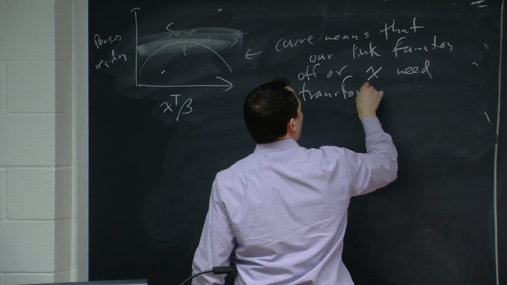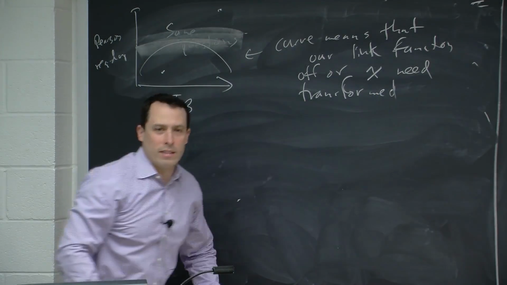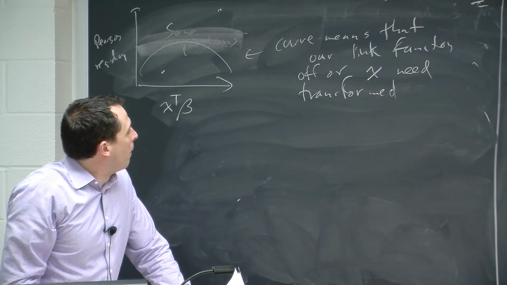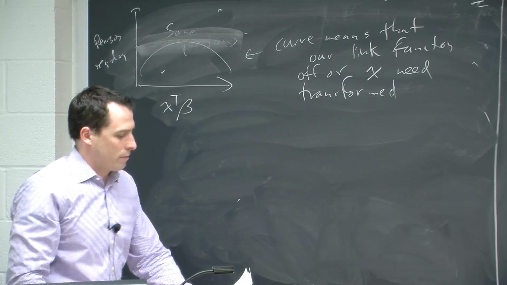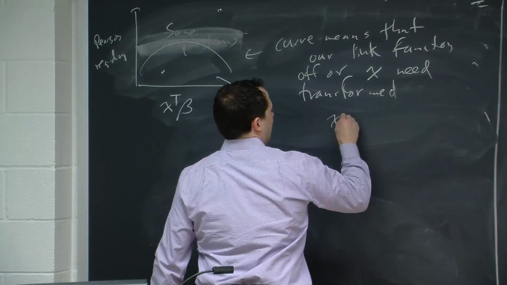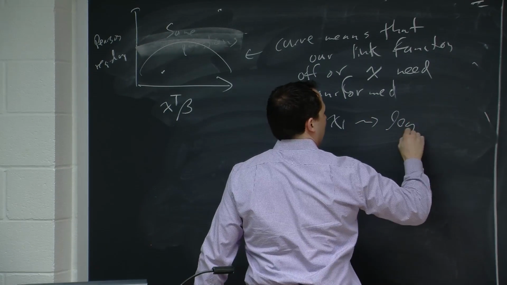Maybe we need to take the log of the x's, or one of the x's, or something like that, in order to get this to look clean. So some xi might have to go to log xi or something.